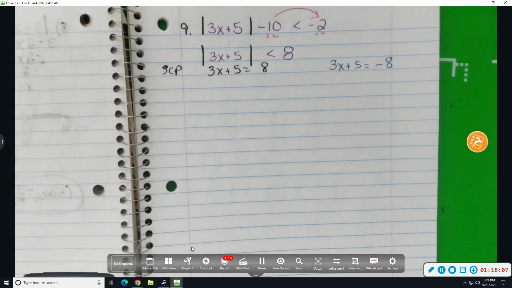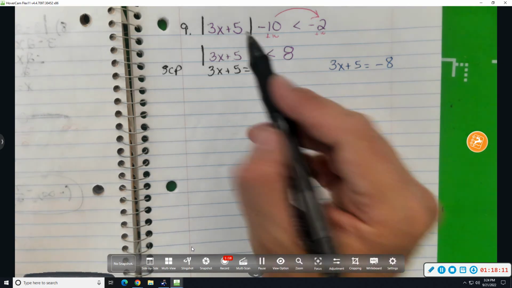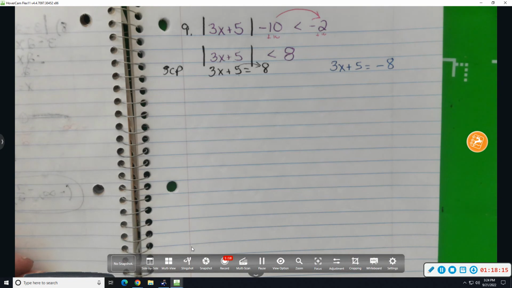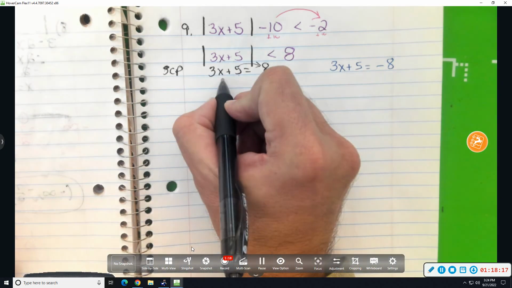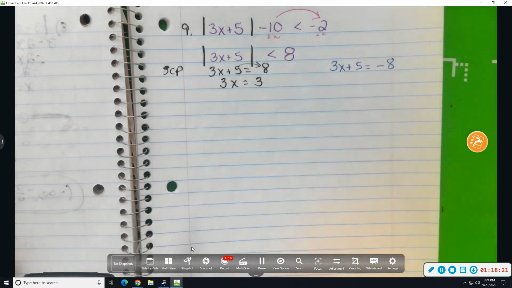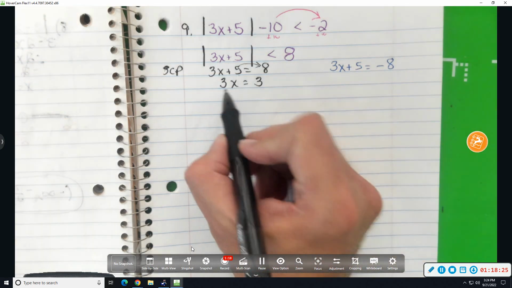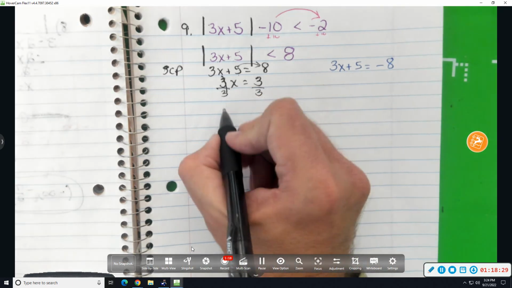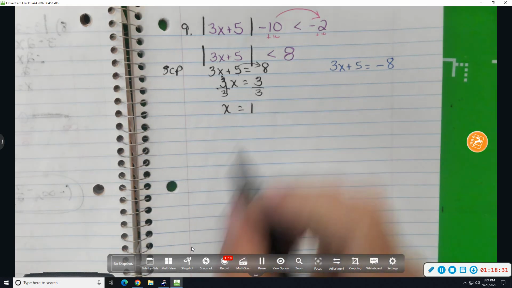Equals positive, equals negative. Let's see, how would I solve this for x? You would move that 5 over, and we have 3x. Is that going to be equals 3? And then divide both sides by 3 to get x equals 1.